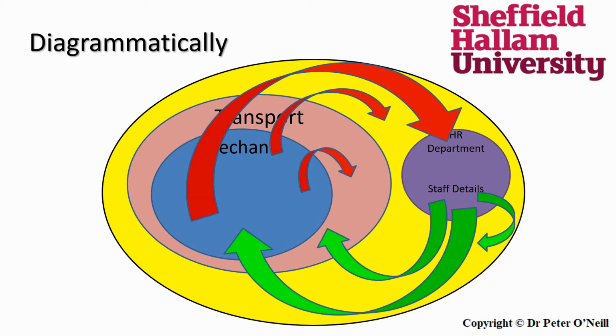So we can write functions in, for example, the HR department, so it can gain access to information stored about each member of staff in the mechanics section and the transport, and in fact the entire company including itself.